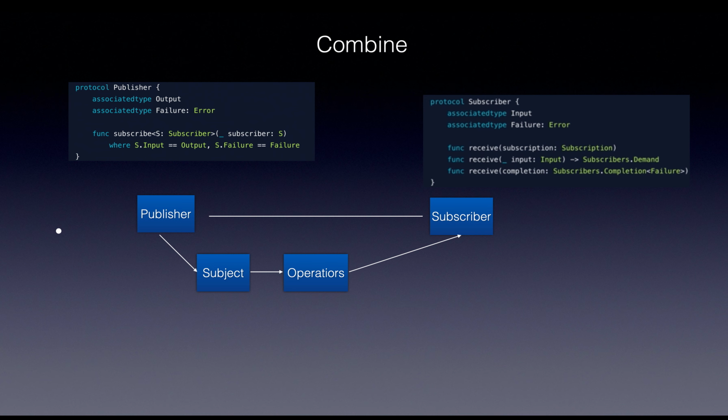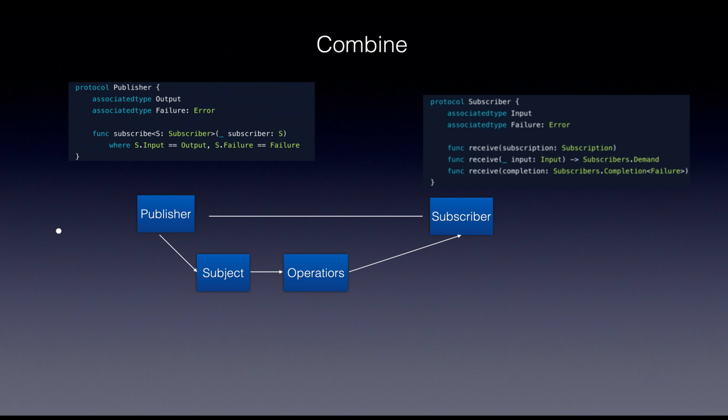The publisher has to declare the type of the value that it publishes to the subscriber, and also the type of value that it emits when there is an error in publishing the values. One more key function in the publisher is subscribe, which actually emits the values to the subscriber.